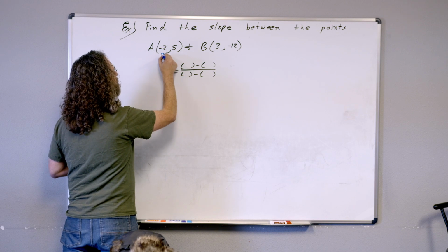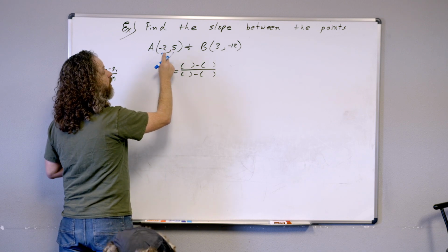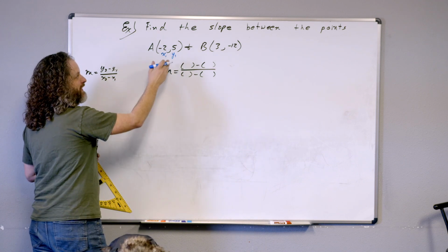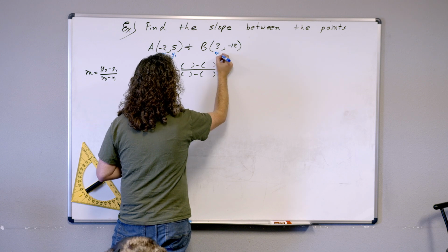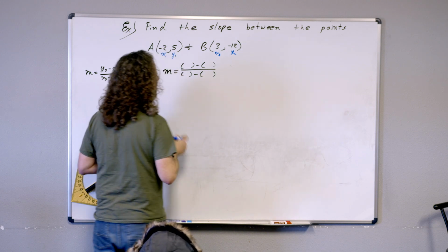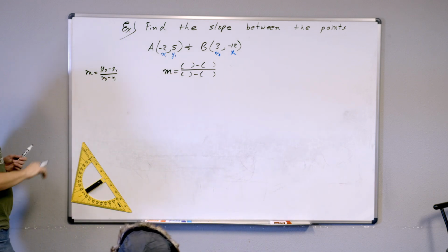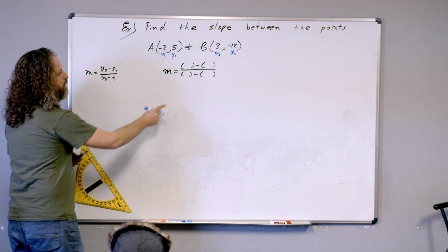So this could be X1, which would make this Y1. If that's X1, that's got to be Y1, right? So this would be X2, and this would be Y2, right? I find that to be kind of useful. You don't necessarily always and forever have to label them, but when you're first kind of learning, it can be useful, right? So what are we going to put right here?